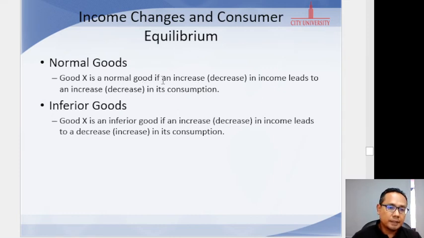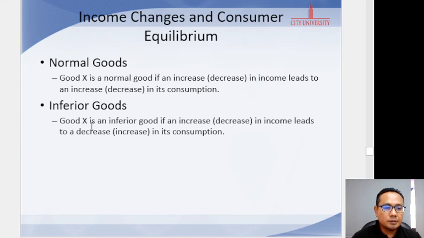That's what we can call normal goods. When the income increases, maybe holiday package sales will increase.